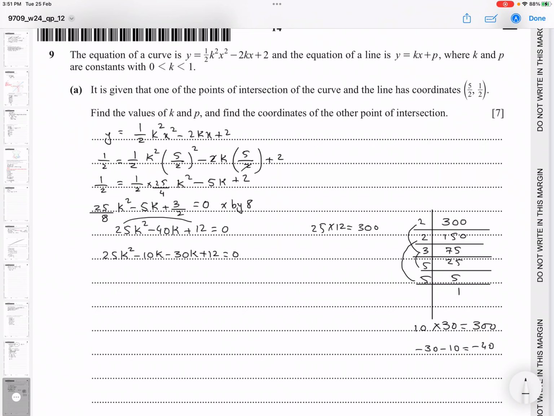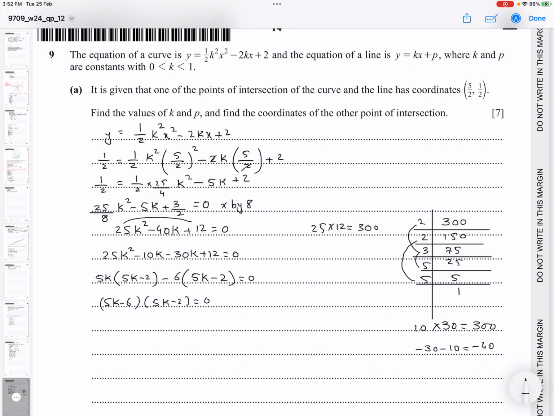From the first two expressions, I'm going to take 5k common. So it's 5k minus 2 inside. And from the last two expressions, I'm going to take 6 common: 6 times 5 is 30, 5k minus 6 times 2 is 12. So make a bracket of 5k minus 6 and take one bracket out of these two: 5k minus 2 equals 0.